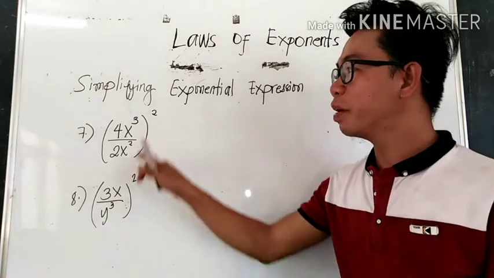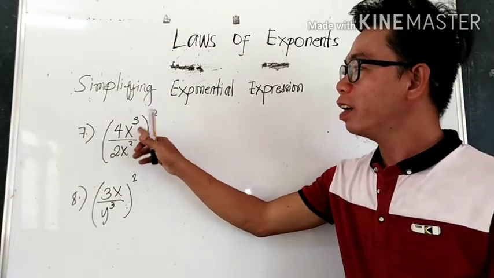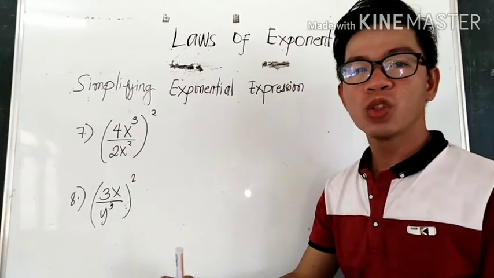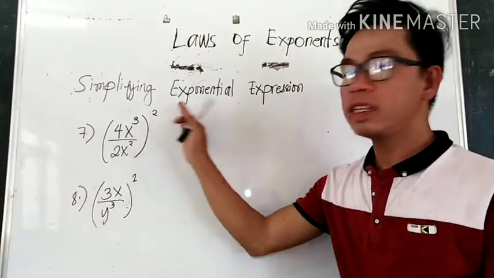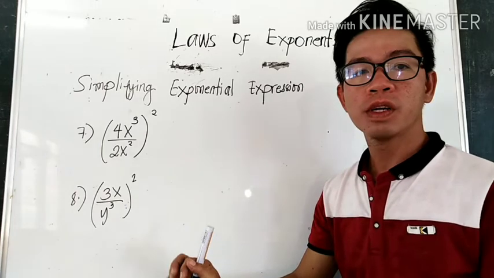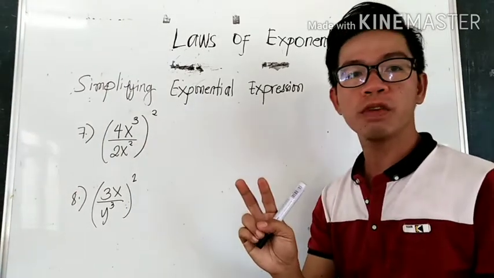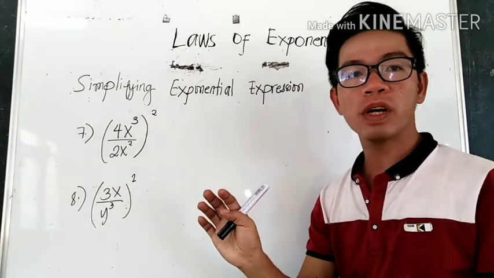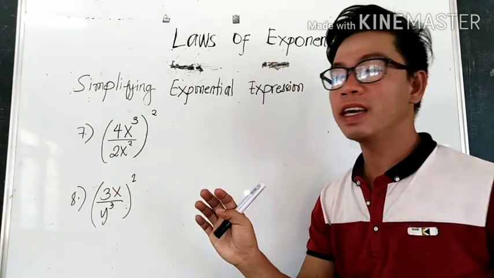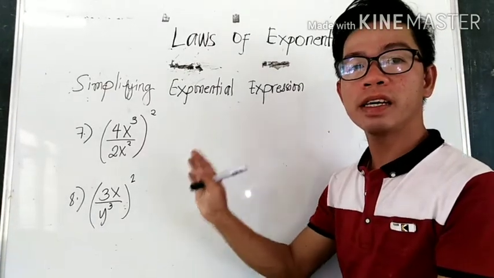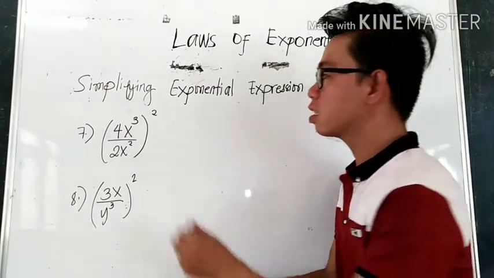Okay, we have example number 7. 4x cubed divided by 2x squared, raised to the power of 2. So we will use two rules here: the division rule and, of course, raising a power to a power. For power to a power, we multiply the exponents.